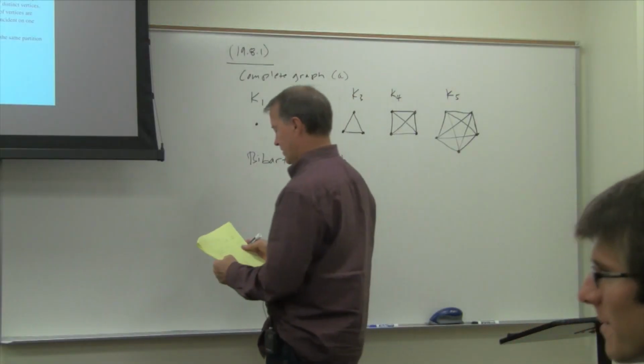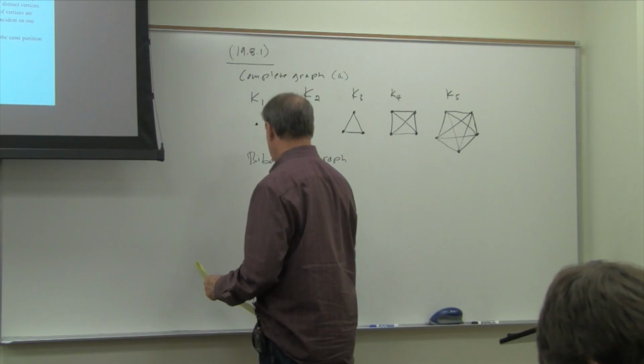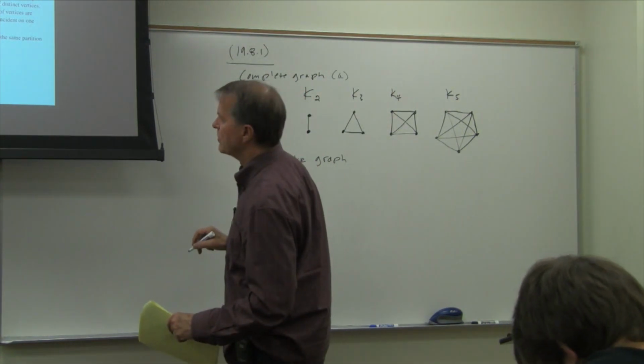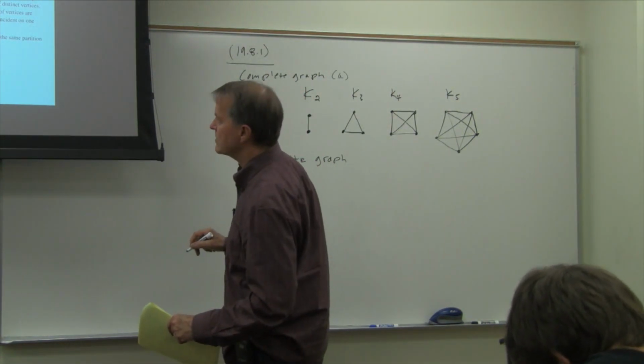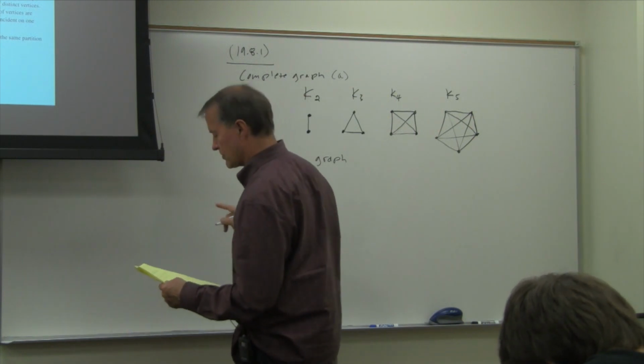Let's suppose we have A, B, C. Now, in which the set of vertices are partitioned into two sets x and y such that each edge is incident on one vertex in x and one vertex in y.